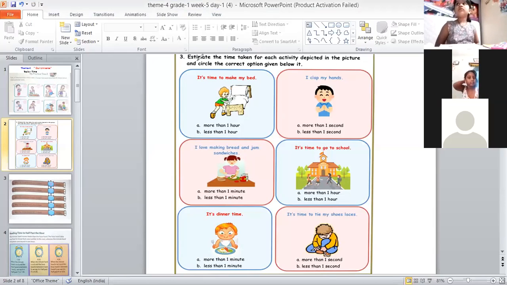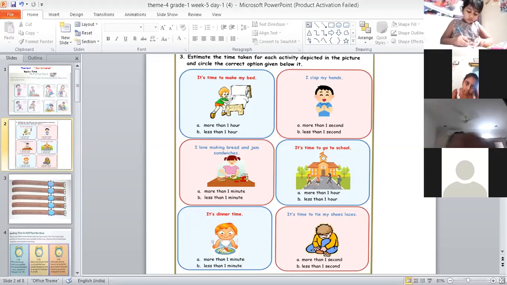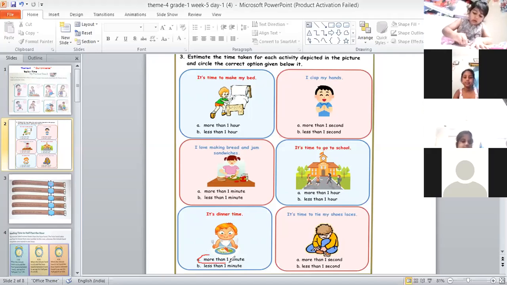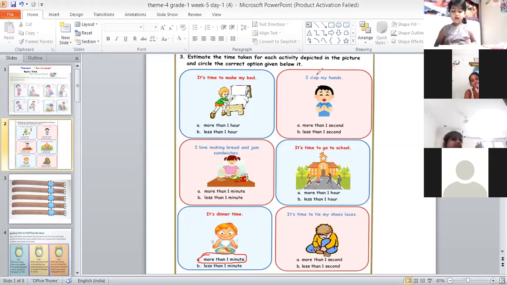You cannot finish your dinner in 1 minute. So it takes more than 1 minute to finish your dinner. So in the fifth question, the first option is correct, children. More than 1 minute.